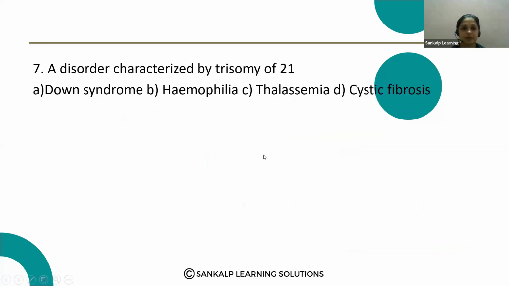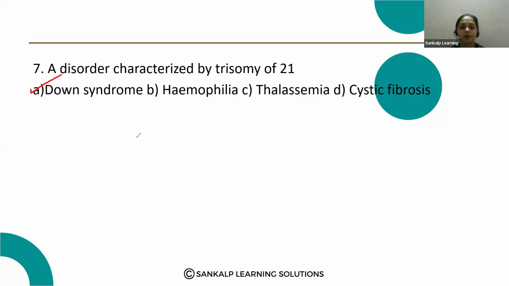Next question. A disorder characterized by trisomy of 21. Down syndrome, hemophilia, thalassemia, cystic fibrosis. Here, 21st trisomy is a chromosomal disorder. These others are not chromosomal disorders. The chromosomal disorder here is Down syndrome.